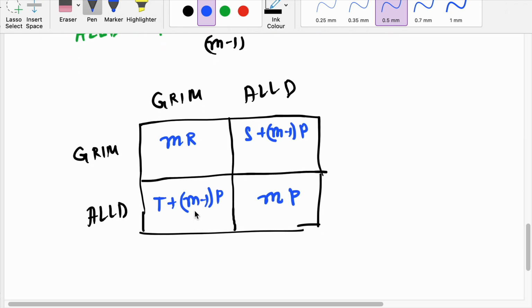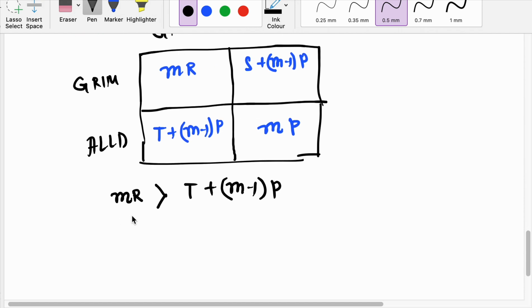Okay. Now let's see, is it possible that when my opponent is playing Grim, I also want to play Grim? If my opponent is playing Grim, by playing Grim I will get a payoff of mR, by playing Aldi I will get a payoff of T plus (m minus 1) times P. If by playing Grim I can get better than what I get by playing Aldi, I will always play Grim against a Grim player.